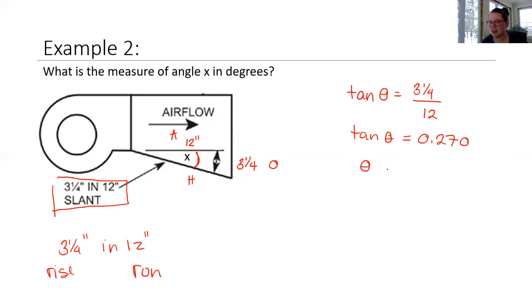And that means our angle is going to be equal to, I have this angle symbol, you could put X there if you wanted, the inverse tan of 0.270. So the angle for X is equal to 15 degrees. And usually there's no need to be any more accurate than the nearest degree. If you wanted to be more accurate than the nearest degree, 1 decimal place at most for an angle.